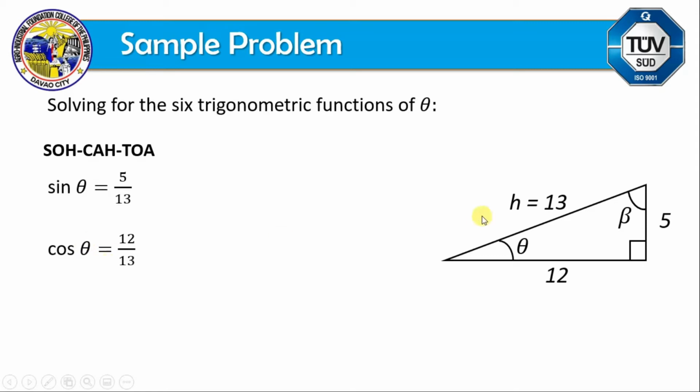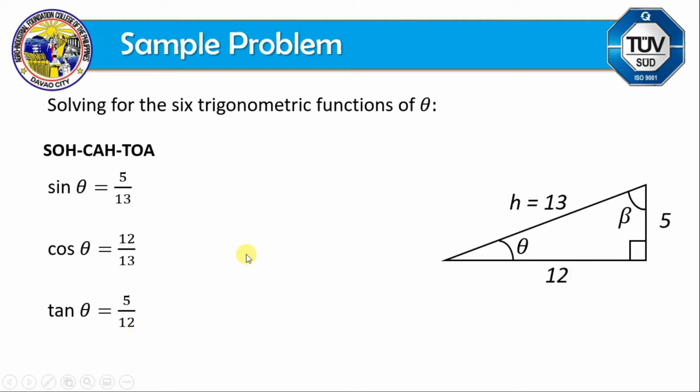The adjacent side of angle theta, the side next to it, is 12 over 13. The tangent of angle theta is TOA, opposite over adjacent. So if this is angle theta, the opposite, the side across from it, is 5, and the adjacent is 12. So, 5 over 12.